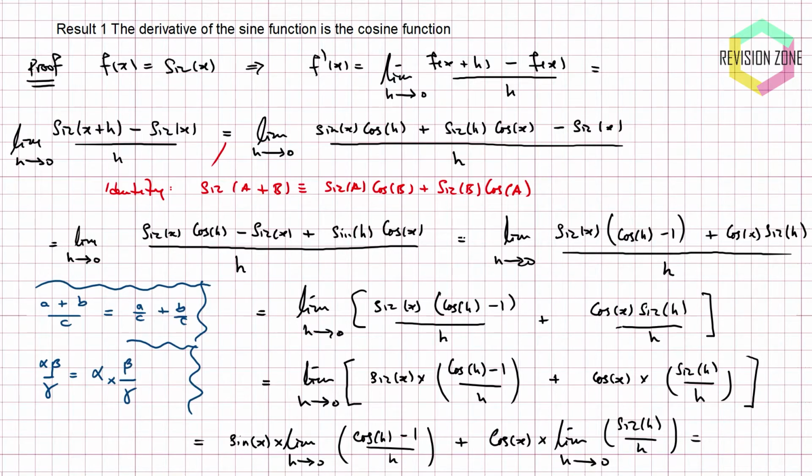This limit is going to evaluate to 0, and this limit is going to evaluate to 1, right? Since we know that, the first term here, which is sine x times the limit, is just going to be sine x times 0. So that term is basically going to die, right? And then this term here is going to be cos x times 1, and that term is going to give us cos x. So we've managed to work out formally the derivative of sine x, and we've been able to show that it's cos x.